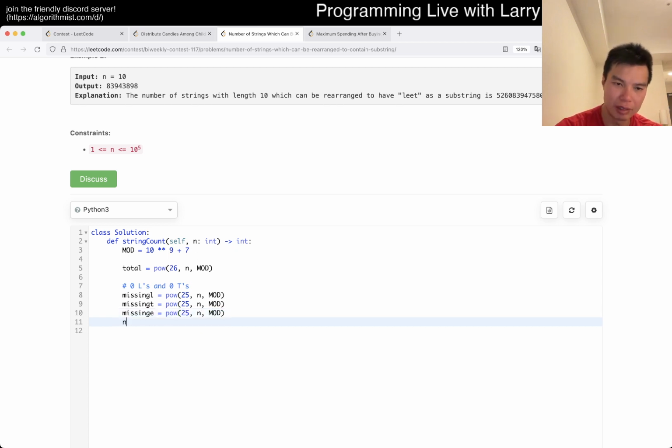And then 1 Y is equal to power of 25, no, is it? If you only have 1 Y, what is it? It's 25 to the n minus 1, and then times n for the number of places you can put it.